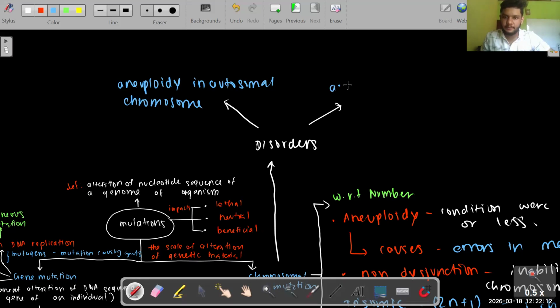The other one is aneuploidy in which chromosome? Have a guess. First one was aneuploidy in autosomal chromosome. I want your answers. Aneuploidy in what type of chromosome? There are two types of sex chromosomes, right?